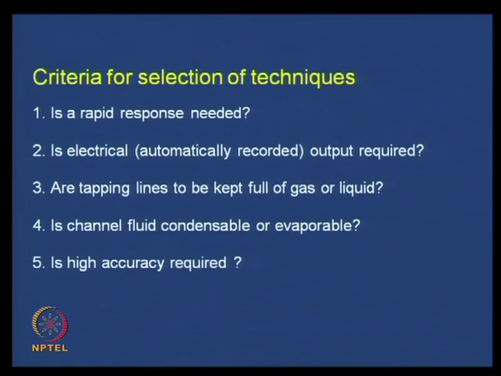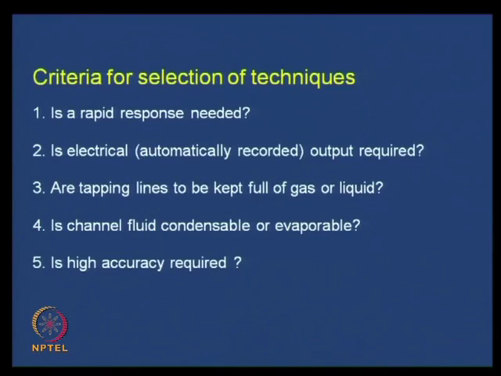What is the next thing? Whether the tapping lines have to be kept full of gas or liquid. Now, you have already understood it is better to have tapping lines full of liquid and also to have a liquid purging system. But at the same time, remember, for more accurate measurements, gas filled lines are better if the line content is completely unambiguous.